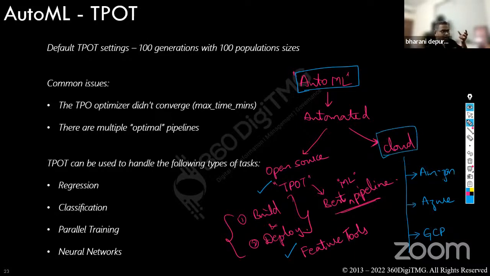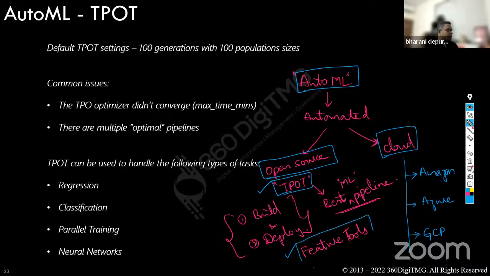But while all these pipelines are automatically built, for you to understand what is happening behind the scenes, it makes sense for us to understand the open source tools. Hence, first we are trying to understand the open source tool, which is TPOT, and this is being discussed now. We have gotten into the practical aspects.